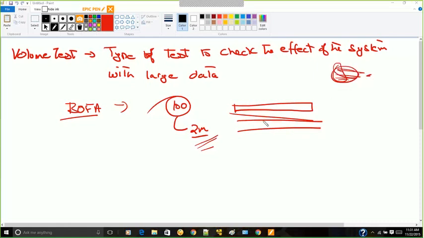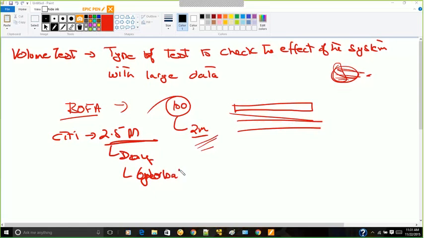So imagine for Citibank, there are 2.5 million transactions a day, all over the world. That is global. 2.5 million times people have swiped. So in a day you will see this many transactions.